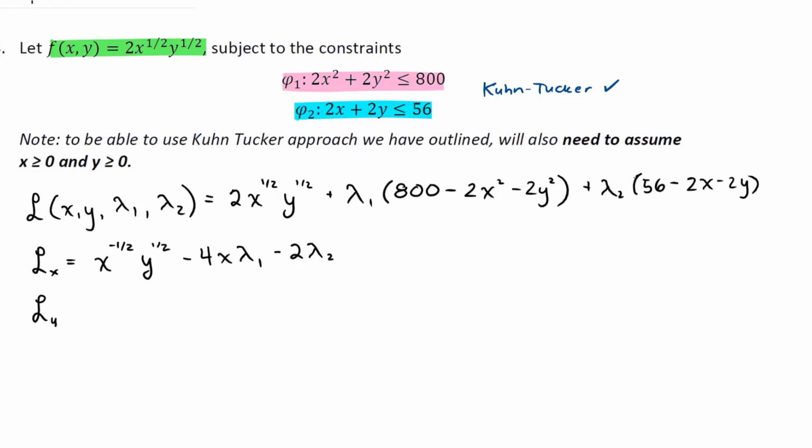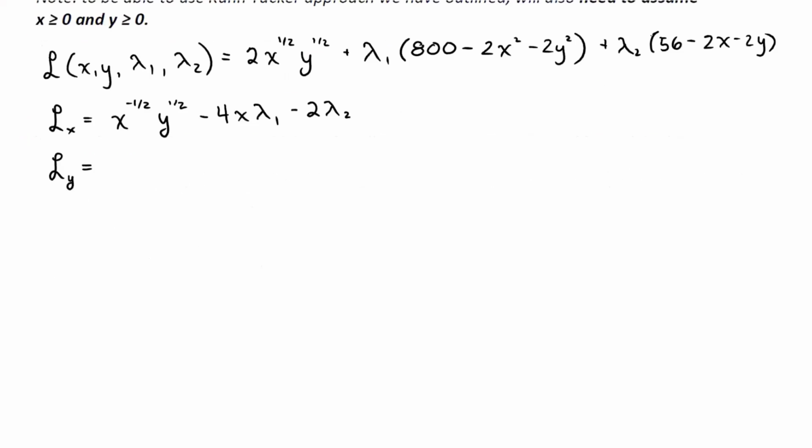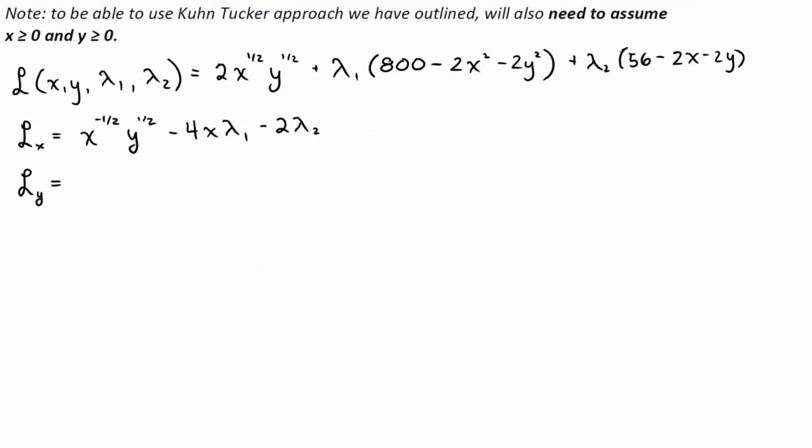I have the derivative with respect to y. So that's going to be, for the first term, 2 times my exponent half gives me 1, x to the power of half, y to the power of half minus 1 is negative half. For my second term here, the derivative of negative 2y squared is going to be negative 4y lambda 1.